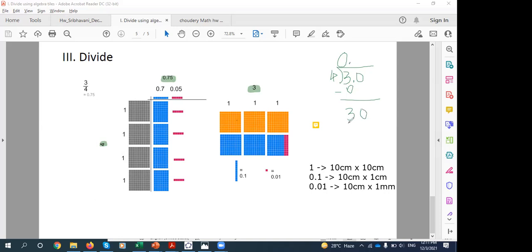And see, this 30 you have here is nothing but those 30 0.1s that you have. And you have distributed 28 of them. Each of them accounts for 0.7. So there are 7 of them amounting to 0.7. So that's what you put here. And then you have 2 of them left. And that's what you have split into smaller squares, which are 0.01 each, right?